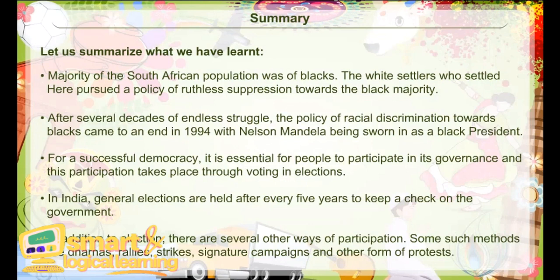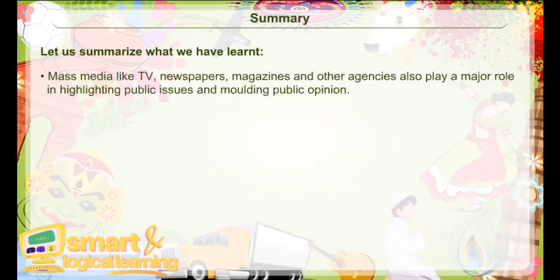Some such methods are dharnas, rallies, strikes, signature campaigns, and other forms of protests. Mass media like TV, newspapers, magazines, and other agencies also play a major role in highlighting public issues and molding public opinion.